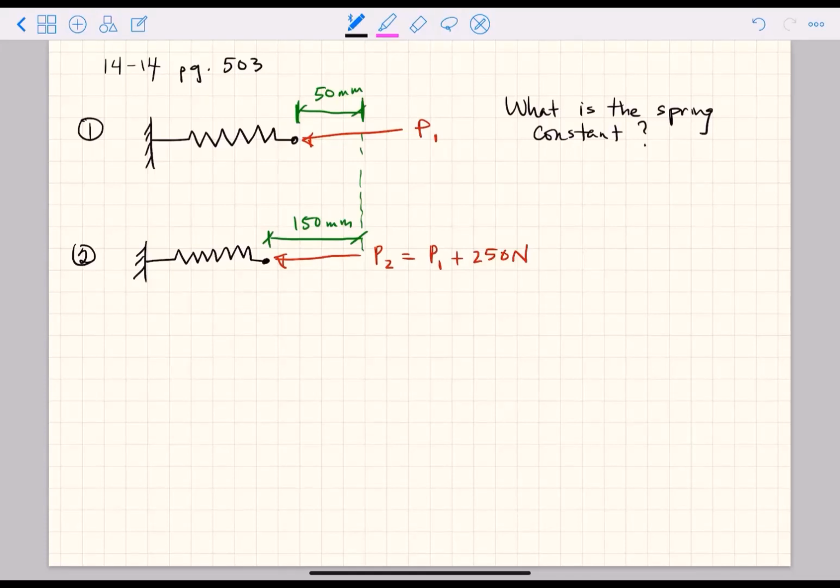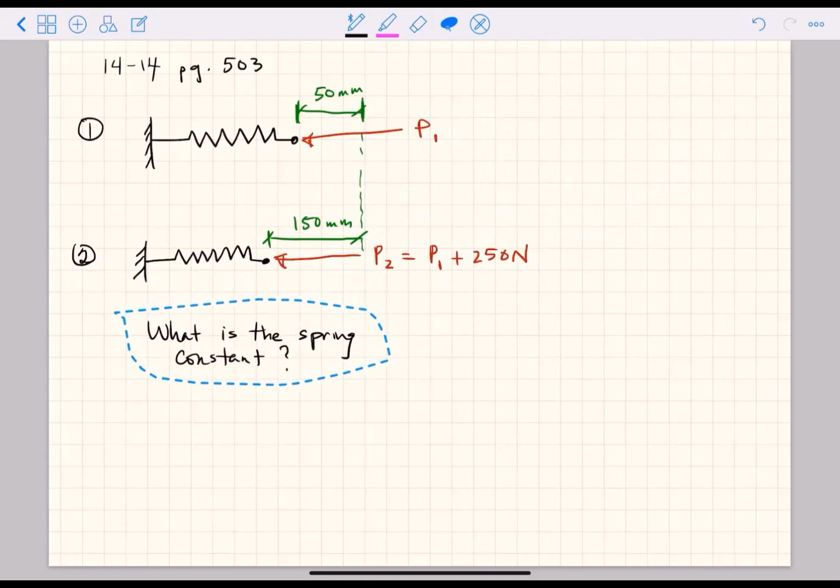Okay, so for the first one, we can use our equation. Actually, I'm just going to move that over here, and I'm going to start with the first one. Remember that F is equal to Kx. Force is equal to spring constant times the displacement.